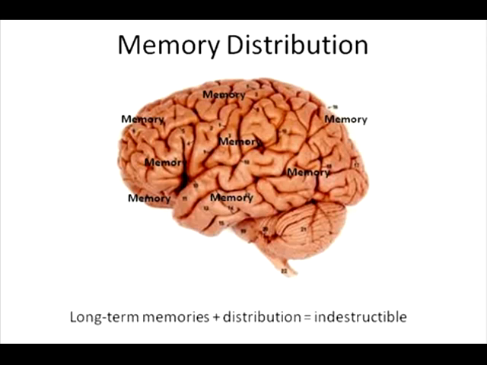Memory, we're very lucky that we have our memories distributed through our brain, so that if we have brain damage, I hope we don't, but if we do, we're not going to lose all memory. So we have short-term memory, working memory, and long-term memory. Long-term memory also is divided into episodic memory and semantic memory.